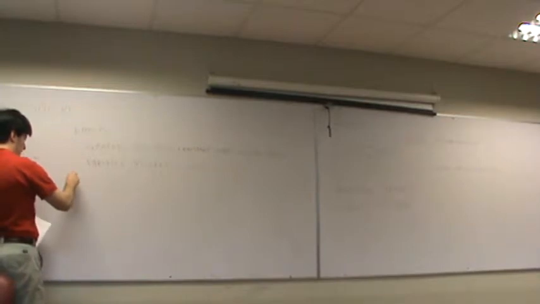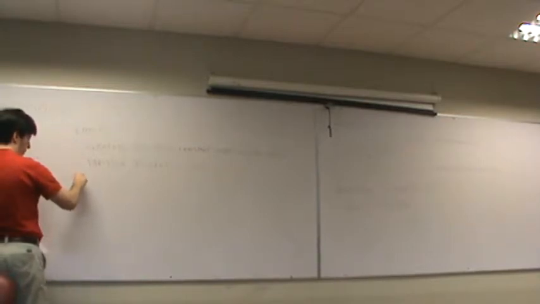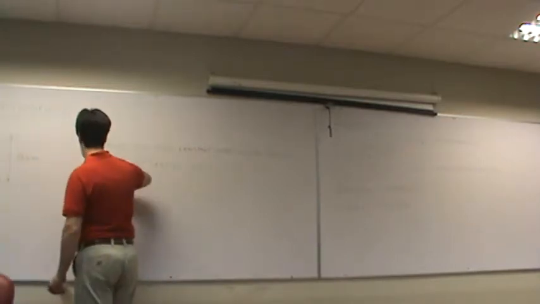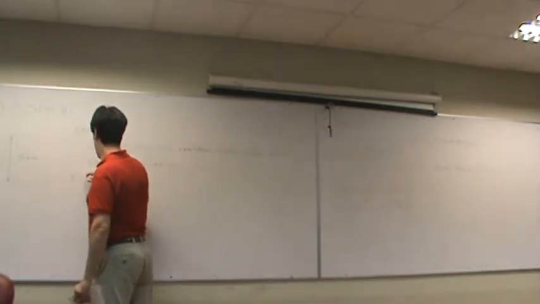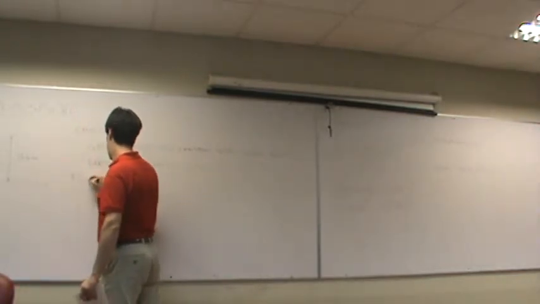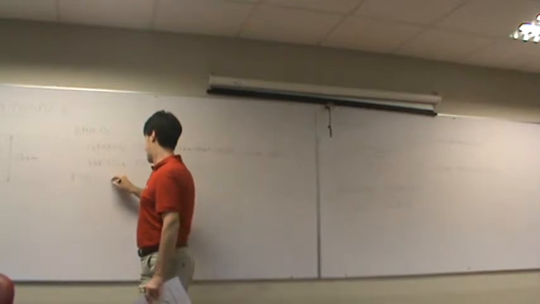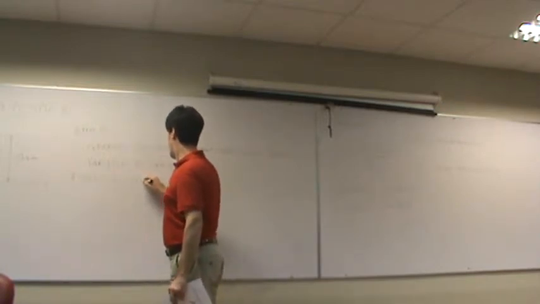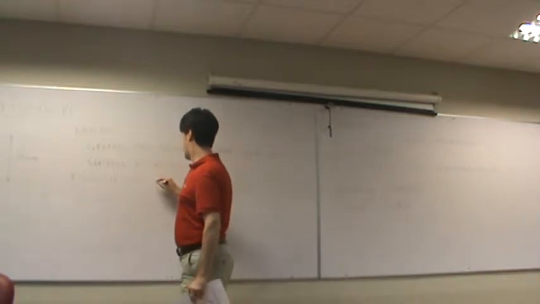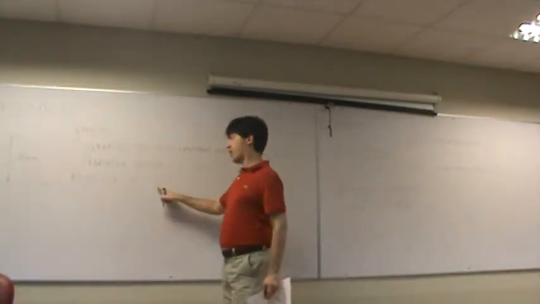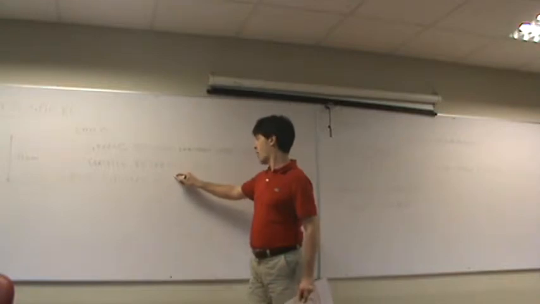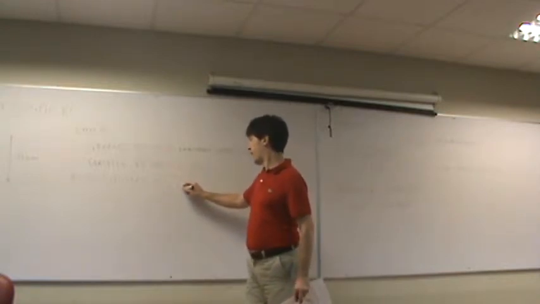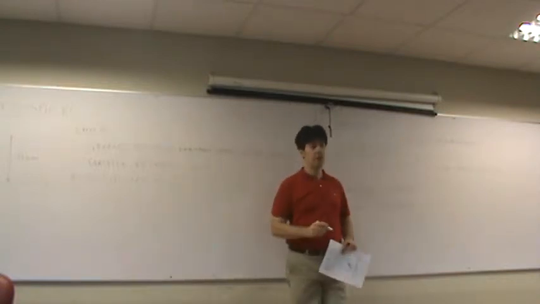Refractive index. Let me first of all remind you what refractive index is. It is indicated with small m, and it is the square root of the relative dielectric constant.